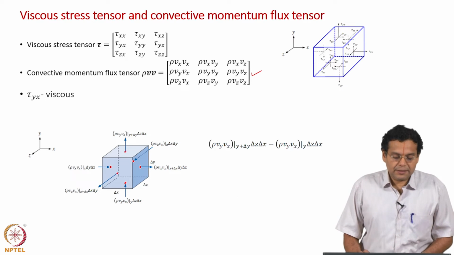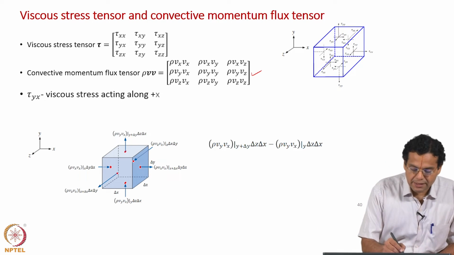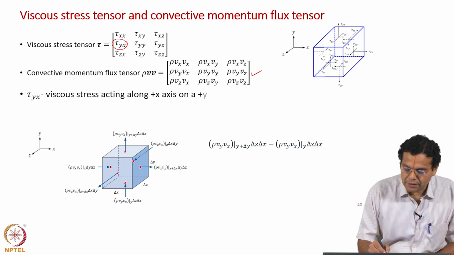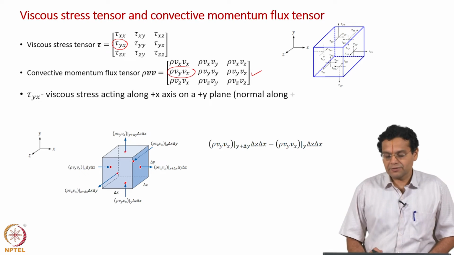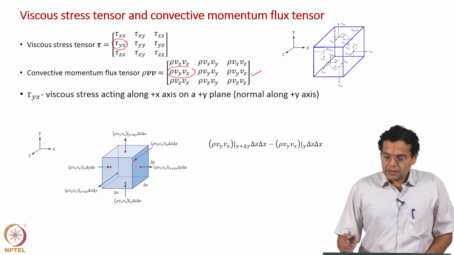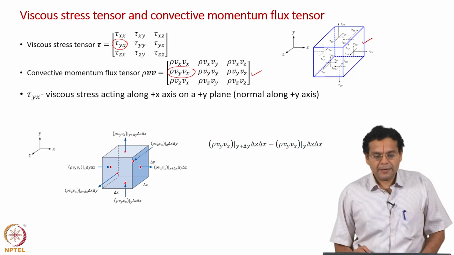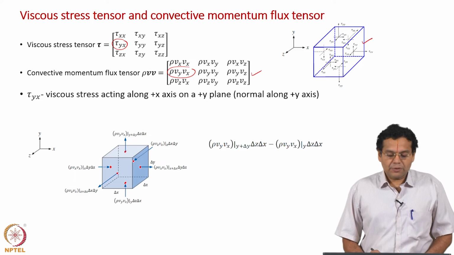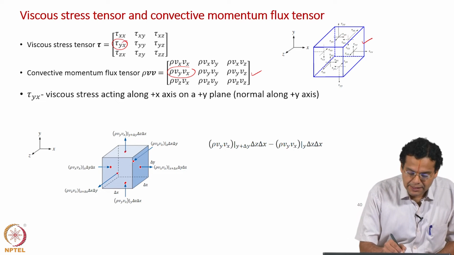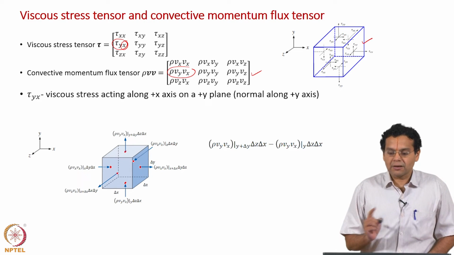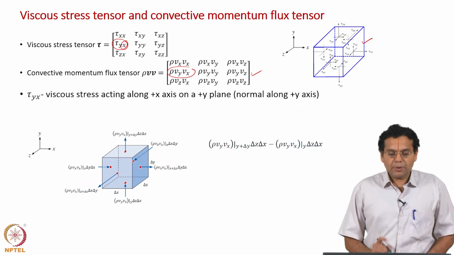How do you interpret, for example, tau yx? I am going to take tau yx and rho vy vx for the case of illustration. The stress element is shown here. How do we interpret tau yx? Because it is positive, it is a viscous stress acting along the x axis, as the second subscript tells the direction. So, acting along the x axis on a positive y plane.